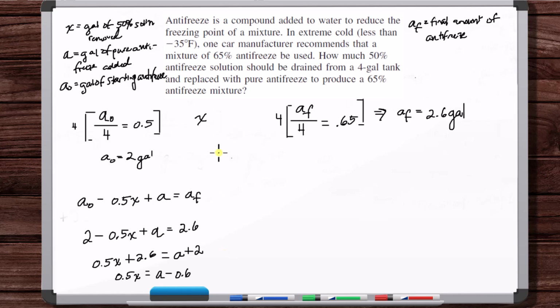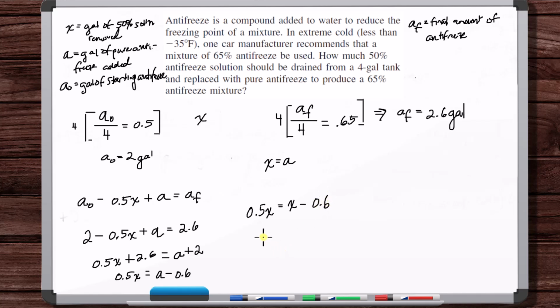So we need another equation. What can we say? Well, is this X and A related? Yeah, the gallons of 50% solution removed is equal to the gallons of pure antifreeze added. X equals A. Right? That's the idea. You're draining a certain amount and replacing it with pure antifreeze. So X equals A. 0.5x is equal to X minus 0.6.